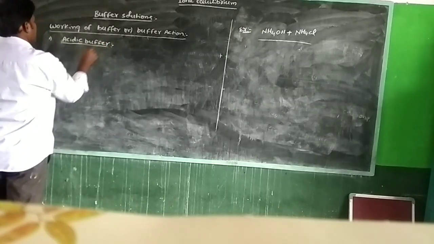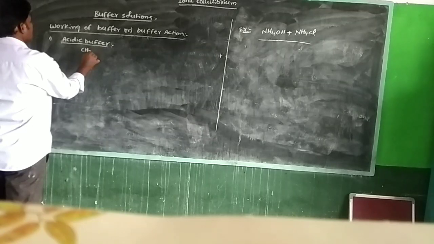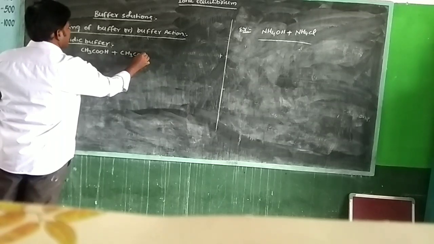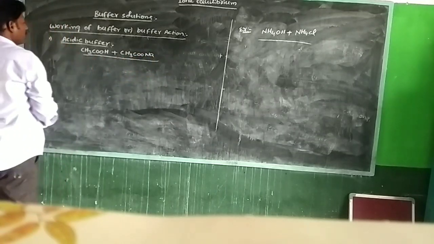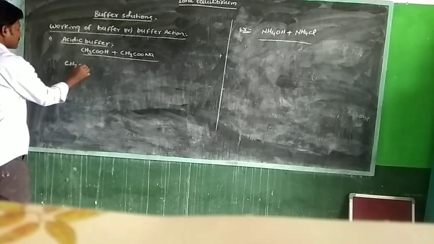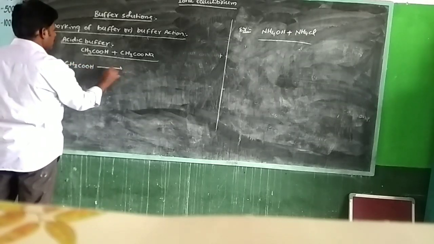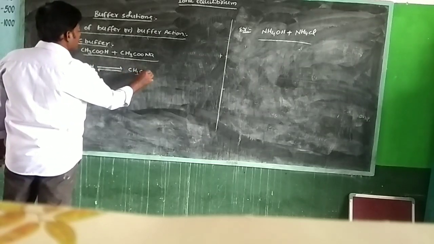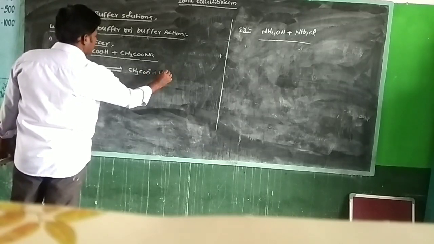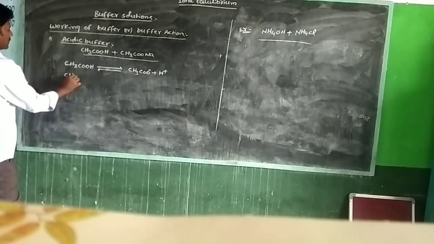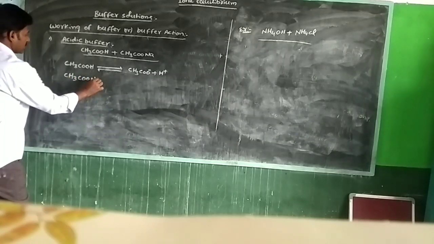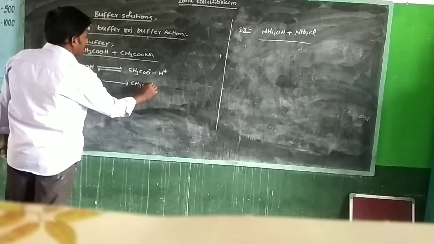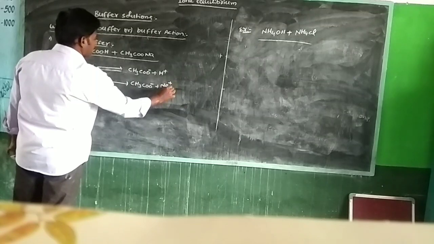In the acidic buffer, the example is CH3COOH plus CH3COONa. The weak acid CH3COOH is partially dissociated to give CH3COO minus plus H plus, and CH3COONa is a strong electrolyte giving CH3COO minus plus Na plus.